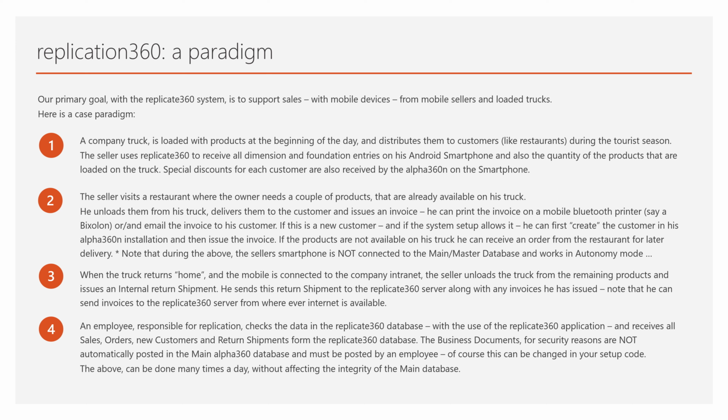Here is a case paradigm. First, a company truck is loaded with products from the main warehouse at the beginning of the day and distributes them to customers all around the city, like restaurants, during the tourist season. This is where this example works better.